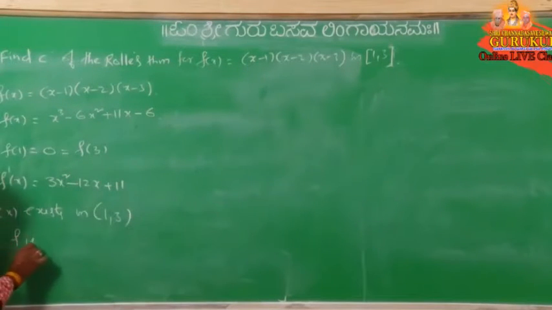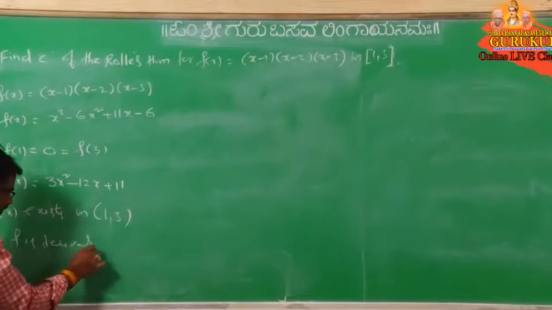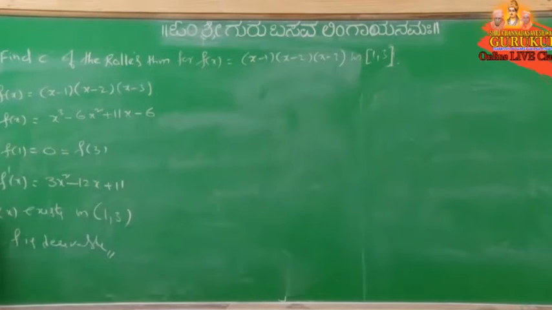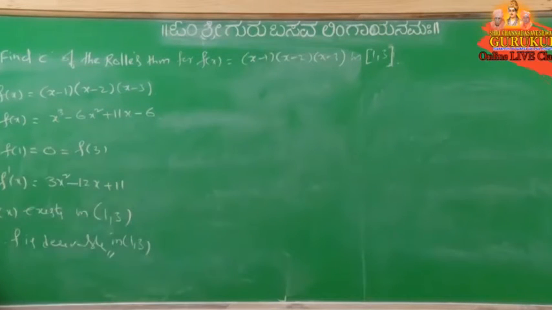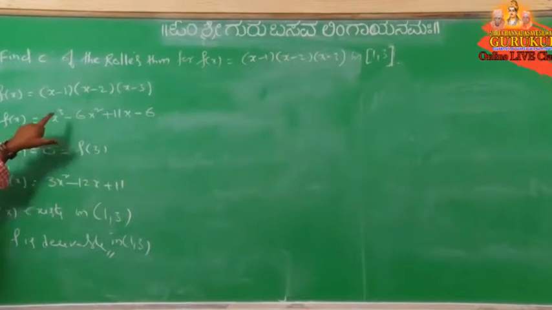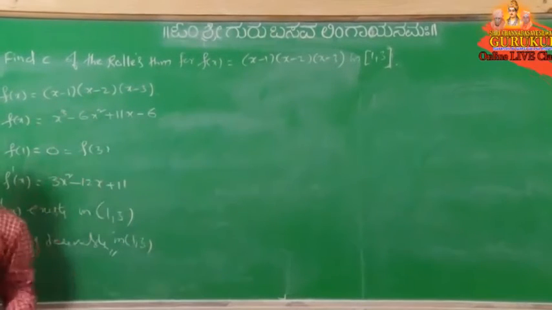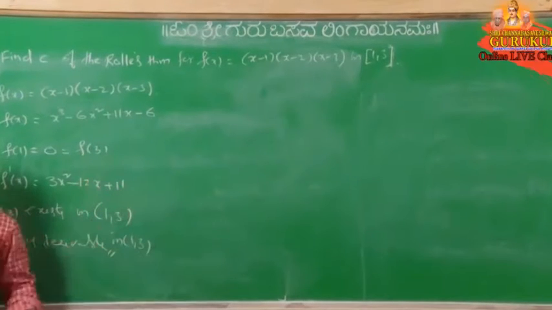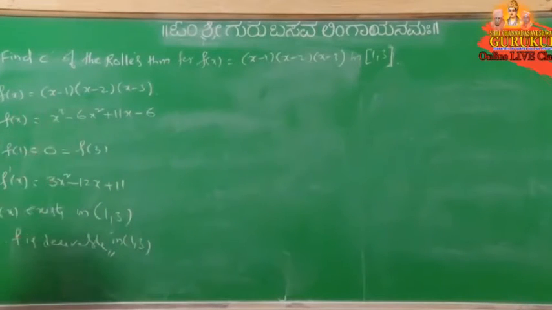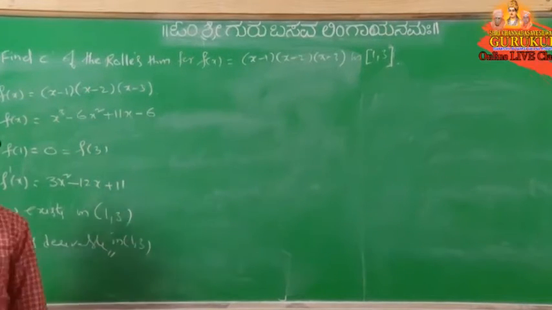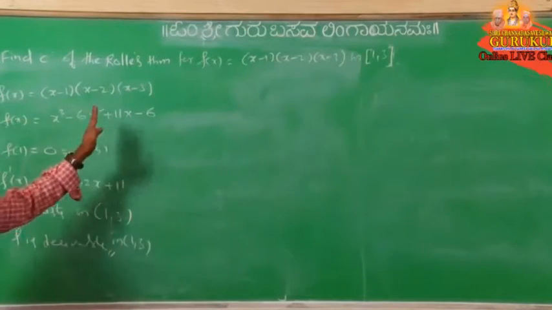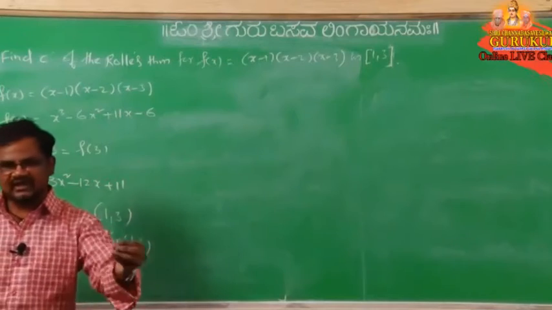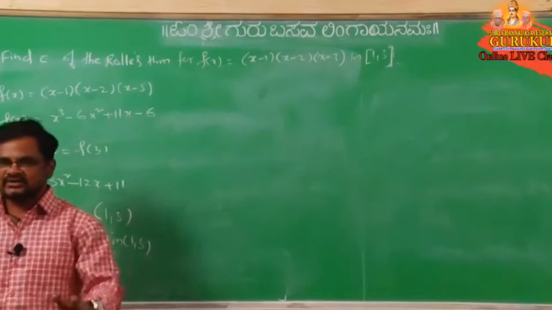So therefore f is differentiable in 1 comma 3. Means what we are observing, f is continuous on closed interval a comma b, since it is the given function. Second step, we have to write: f is continuous, since f of x is a polynomial function, and every polynomial function is continuous.